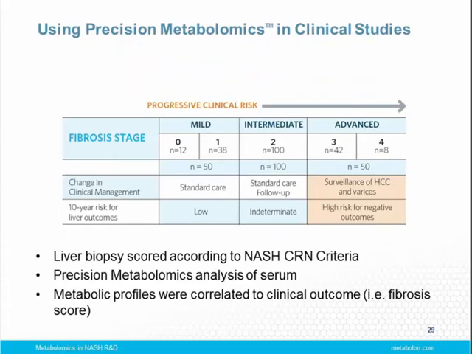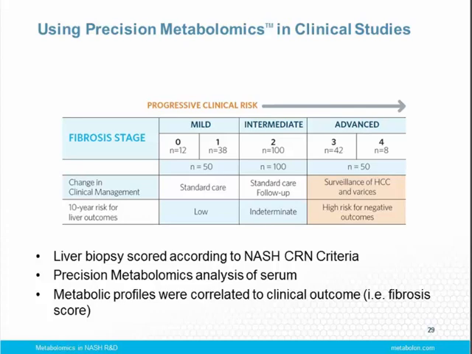So in the example I'm going to provide to you today, this is a table of how the study was set up. NASH patients that were liver biopsy scored according to the NASH CRN criteria were recruited. There were about 50 patients with the fibrosis stage of mild, so that would be a stage of 0 or 1.